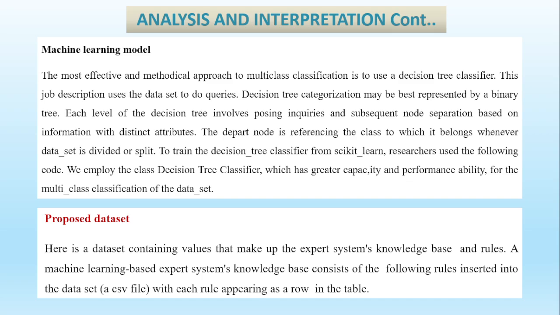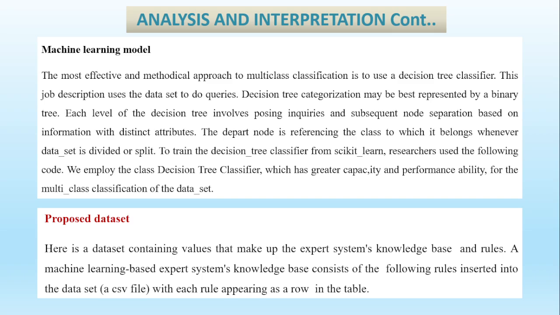The tree asks a question at each step and separates the data into different branches. The final node, which we can call the leaf node, assigns a class label to data. Implementation: the scikit-learn library provides a decision tree classifier for training. This classifier is efficient and provides good classification performance for complex datasets.